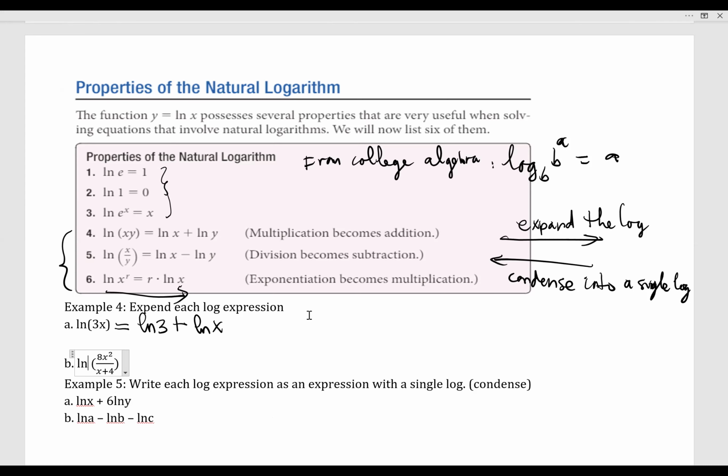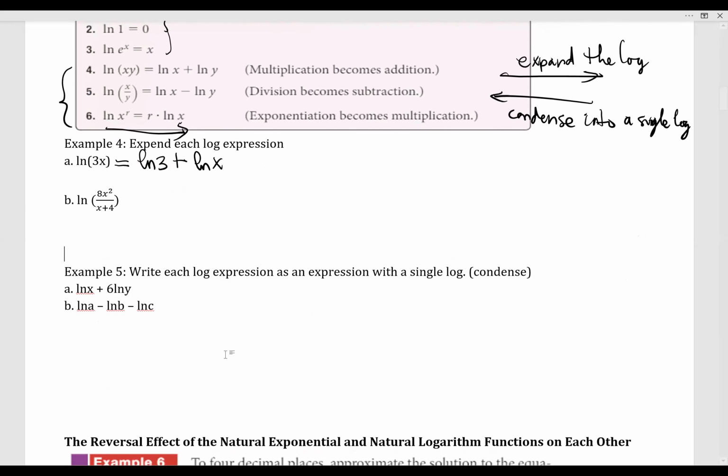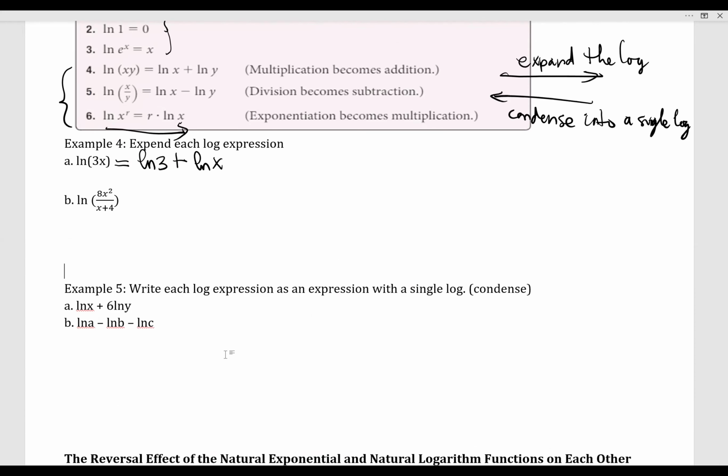Let's move to B. B is more complicated, but if you go from general first and then go to detail for each part, it should be okay. So look globally: the argument looks like a fraction, a rational expression.